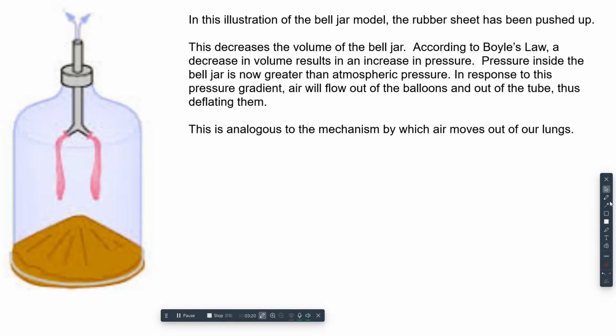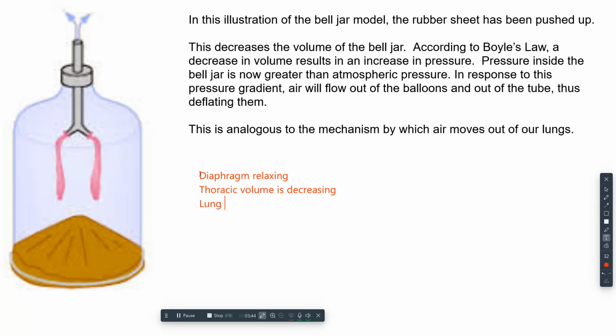Now, similarly, if we push the diaphragm up, we push the rubber sheet up, that represents the diaphragm relaxing. So when the rubber sheet goes up, the diaphragm is relaxing. The bell jar volume, in other words, the thoracic volume, is decreasing.